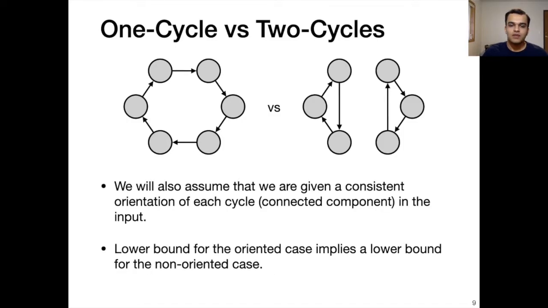We also assume that we are given a consistent orientation in each cycle, that is, each connected component of the input graph. And here we have shown that each cycle is oriented consistently in clockwise direction. The lower bound for the oriented case also implies a lower bound for the non-oriented case.